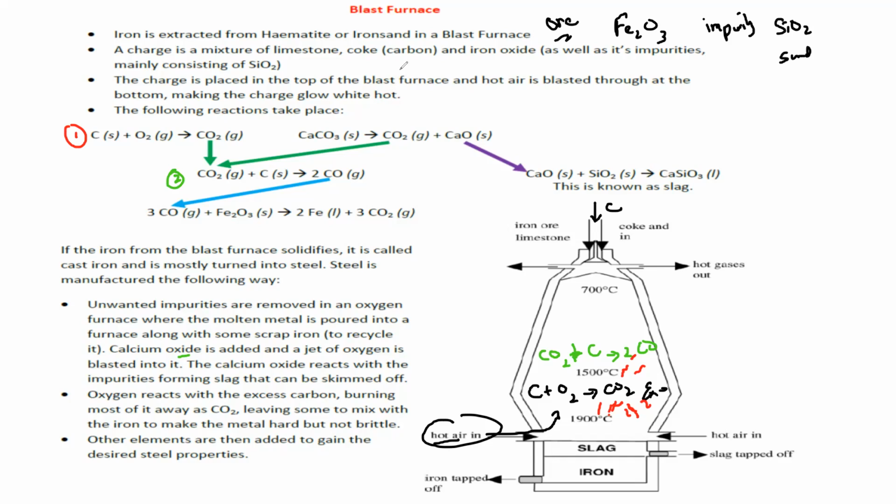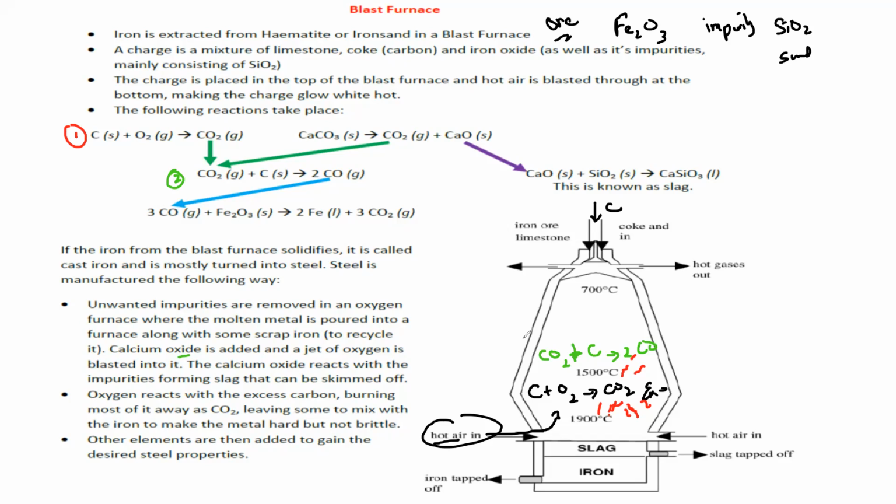Because the carbon dioxide reacts with more coke or carbon, and the limited supply of oxygen leads to conversion of carbon dioxide into carbon monoxide. And carbon monoxide is a reducing agent, because as we discussed in the last session, carbon monoxide can reduce or remove the oxygen from different compounds.